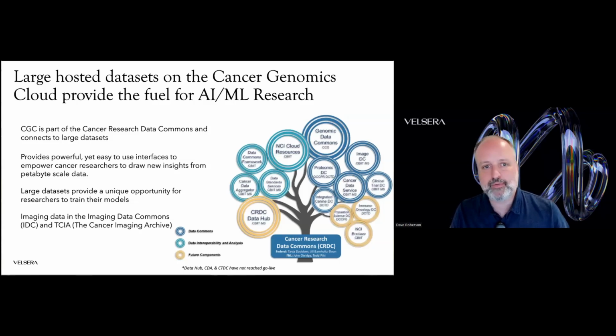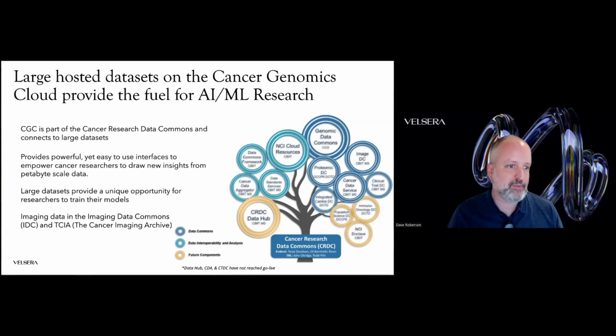So you can pull in data from the Proteomics Data Commons, the Canine Data Commons, the Cancer Data Aggregator, potentially clinical trial data, and be able to use these for training or fine-tuning of your models. Now, we're going to focus on imaging.